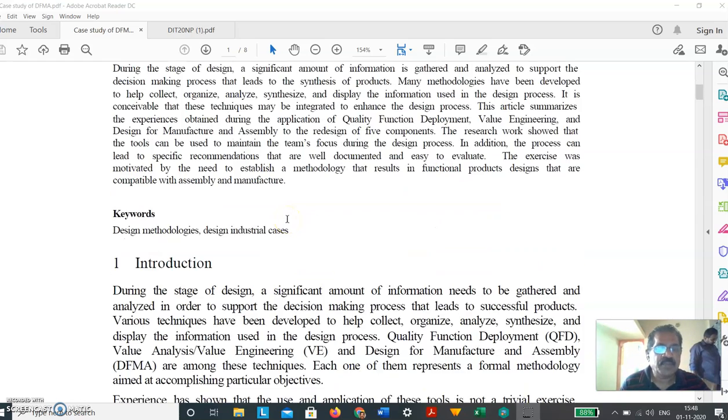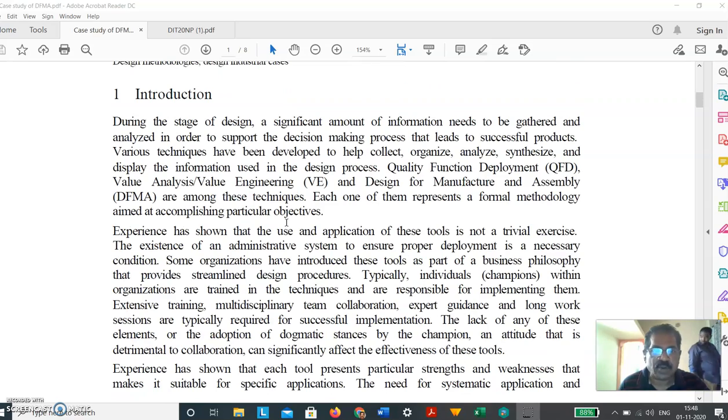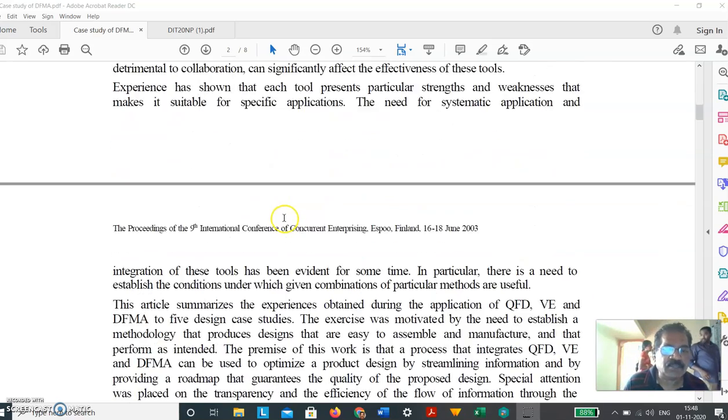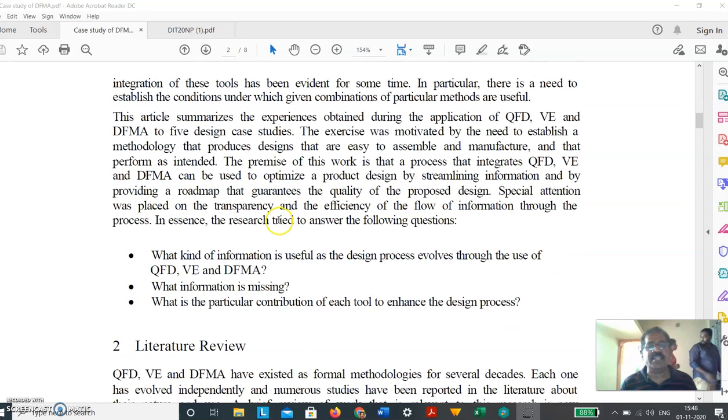The introduction is more about the various analysis, etc. The next thing we will see is what kind of information is useful as the design process involves the use of quality function deployment, value engineering, and the design for manufacture and assembly. What is the information that is missing?